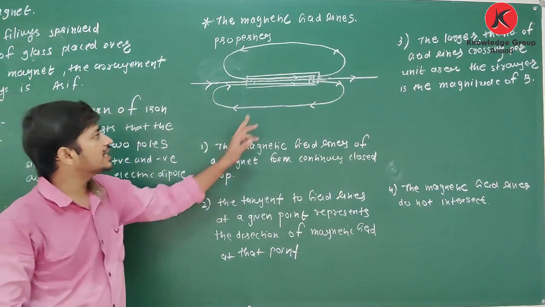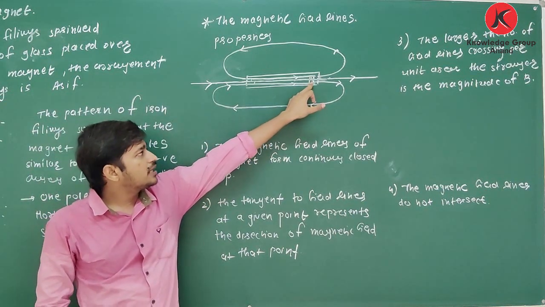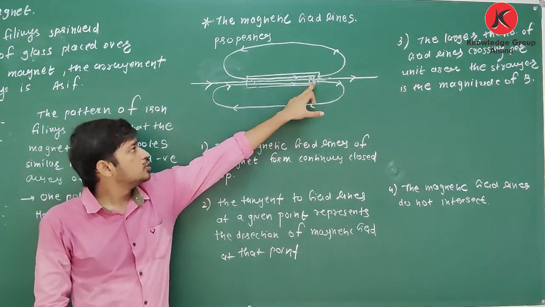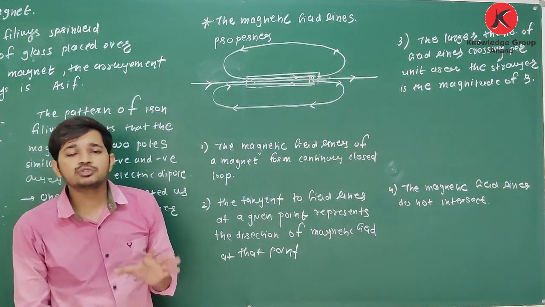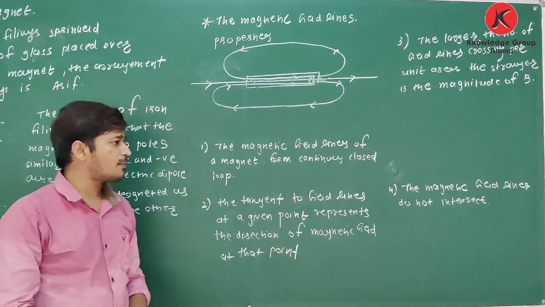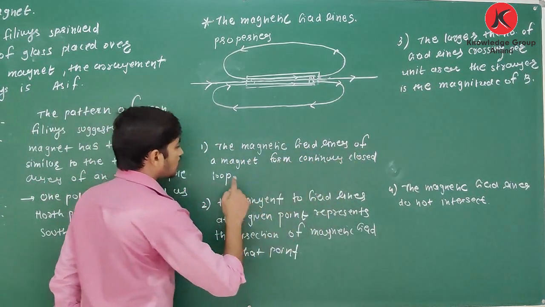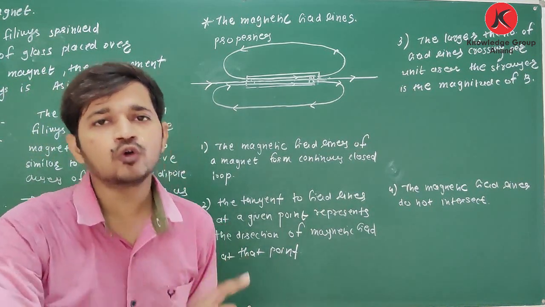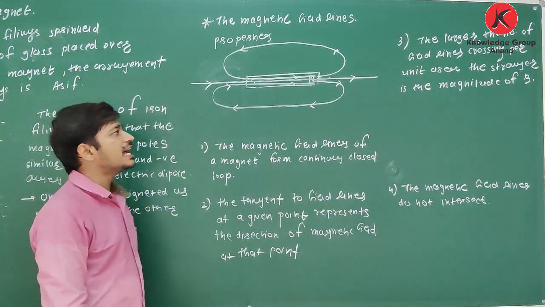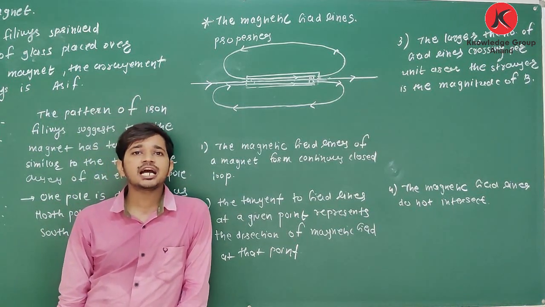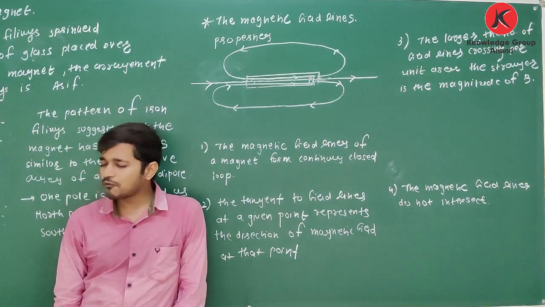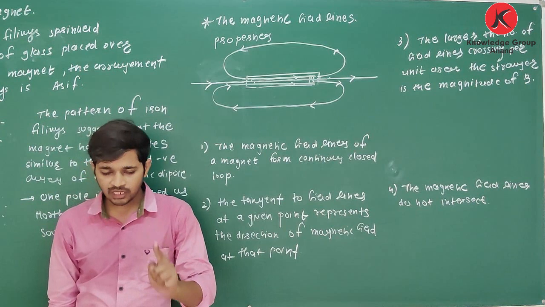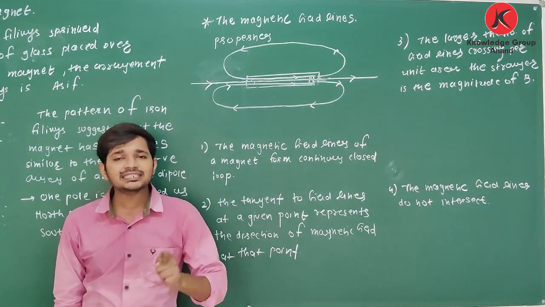So magnetic field lines emerge from the north pole, move towards the south pole, and from the south pole to the north pole. It means they form a closed loop. So the first point to be remembered is that the magnetic field lines of a magnet form continuous closed loops. While electric field lines never form closed loops; they start from the positive charge and end at the negative charge.